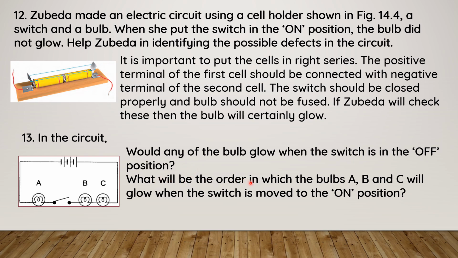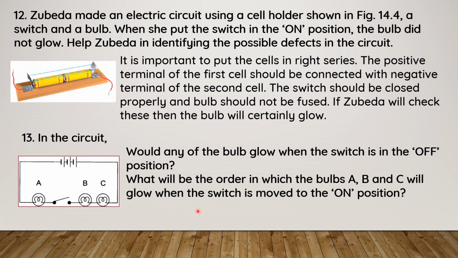What will be the order in which the bulbs A, B and C will glow when the switch is moved to the on position? If we switch on, these three bulbs glow simultaneously, at the same time. So that also you can write in your notebook, same time.